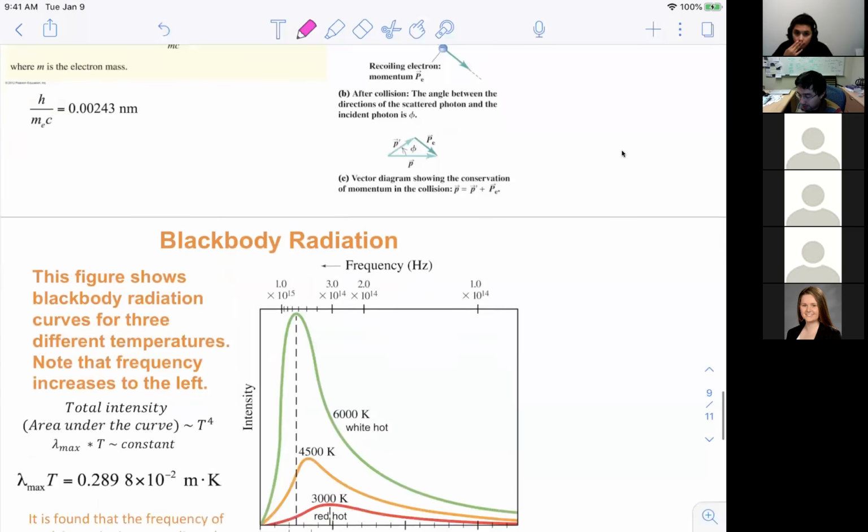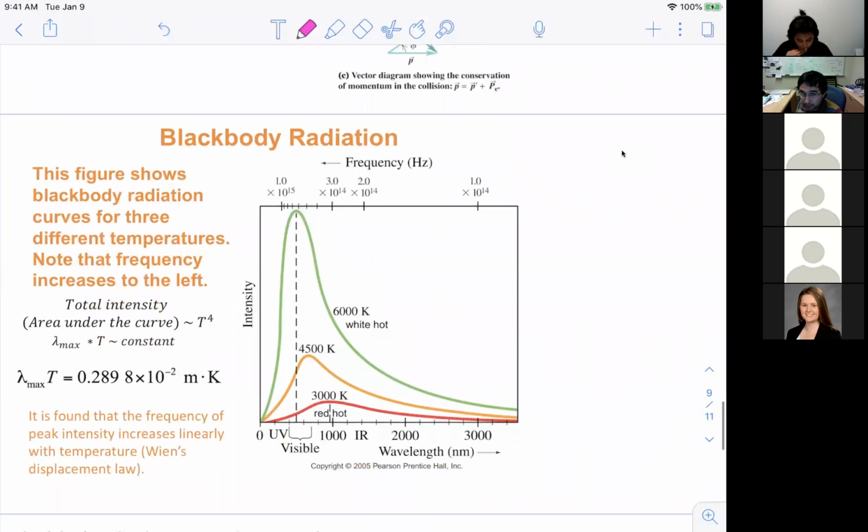Then we have black body radiation, and that's also an important point to start to understand quantum physics. Before quantum physics, all the theoretical calculations suggested a black body radiation curve like this.